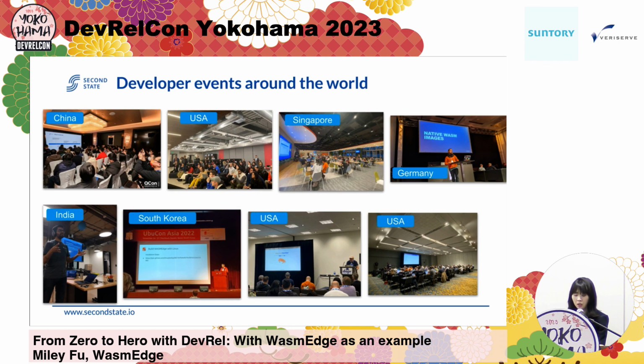This was co-hosted with Docker and Dapr, so it got a lot of attendees. We had over 100 registrations, and the show-up rate was very high. There were also over 100 people attending online.